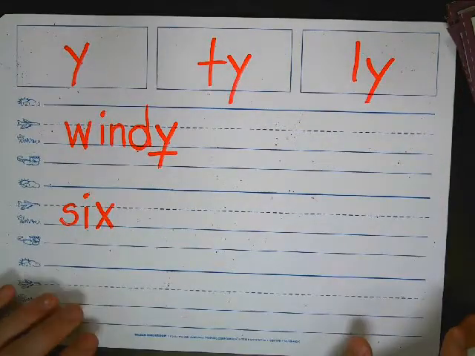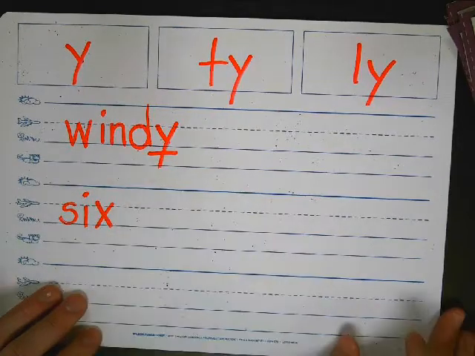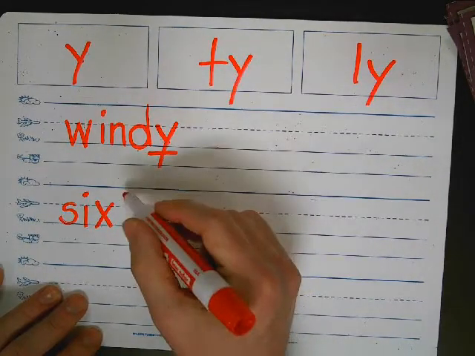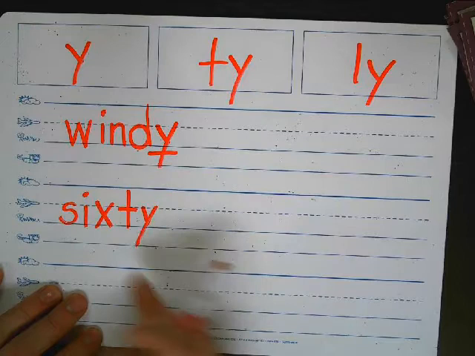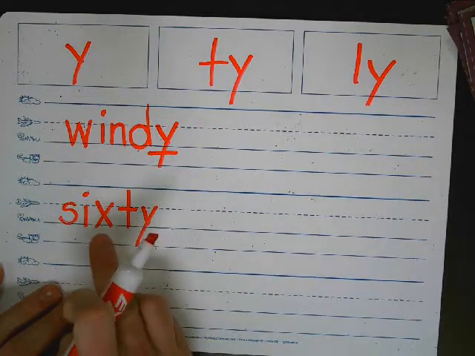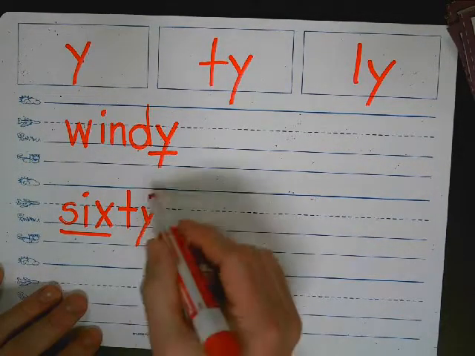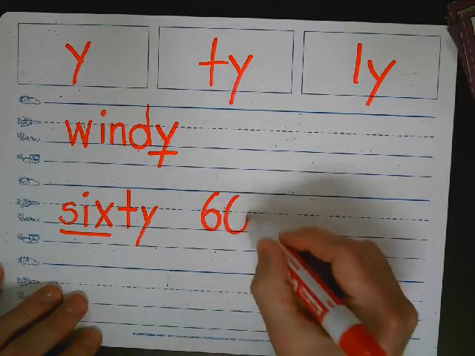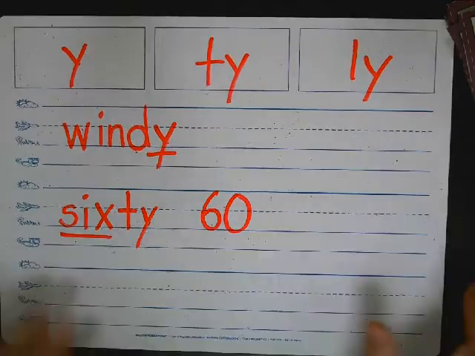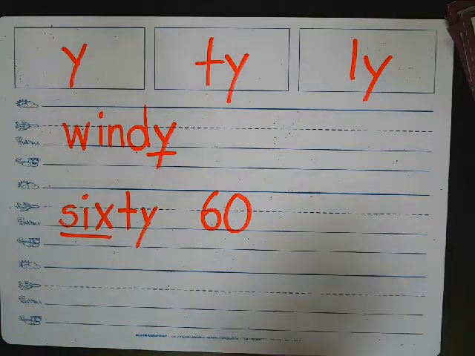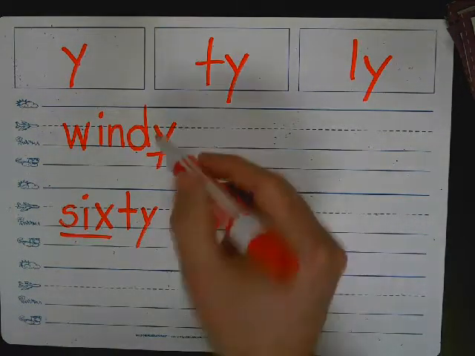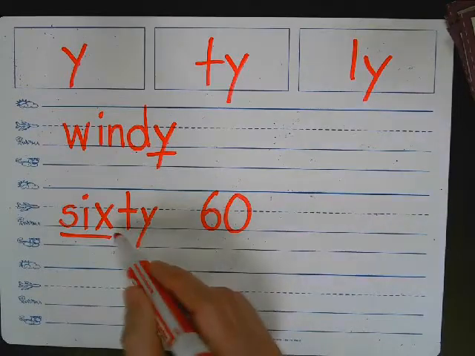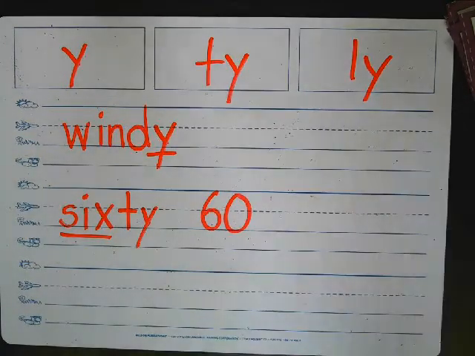Awesome. Go ahead and write suffix ty at the end. Six is your base word, your root word, and ty is your suffix. Sixty. I have sixty cookies. Right? So far, suffix y, windy, ty, sixty.